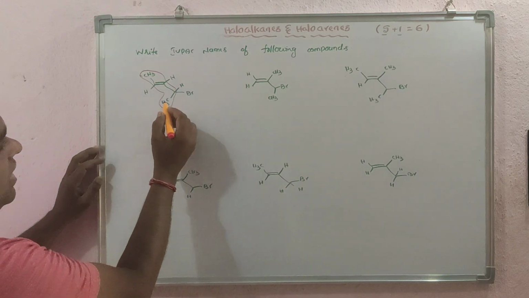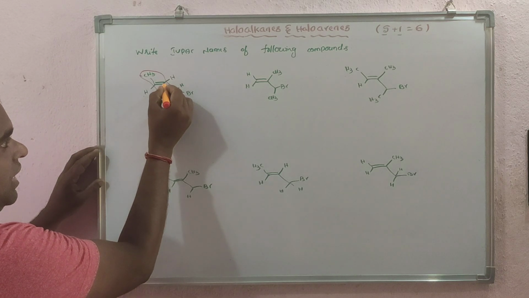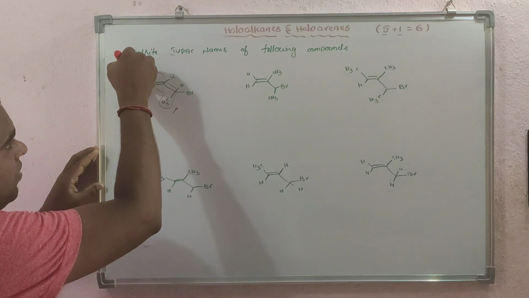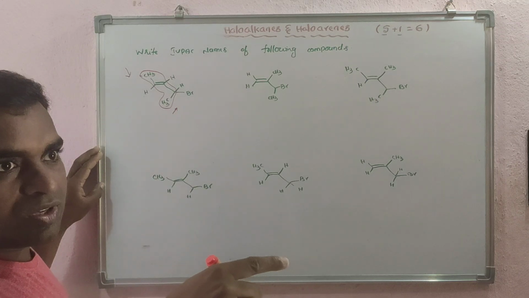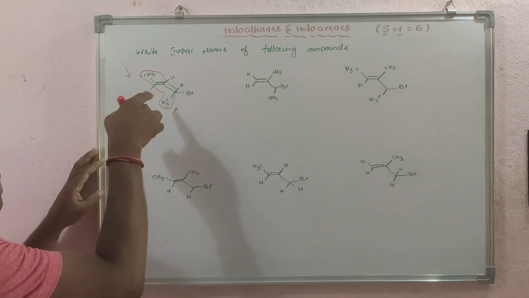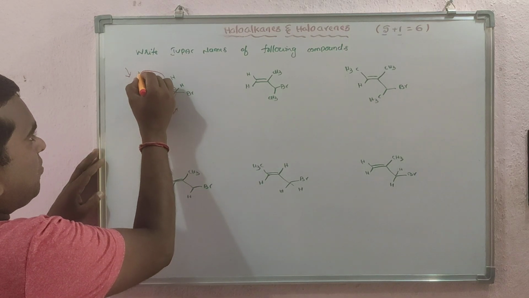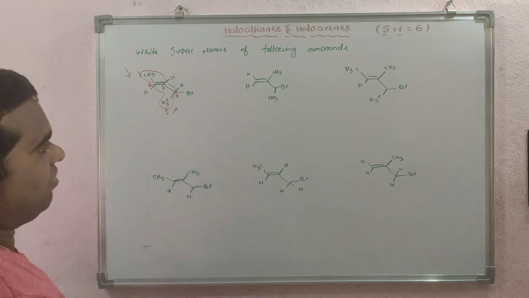If I start numbering from this side, 1, 2, 3, the double bonded carbon is getting 3. But if I start giving the numbering from this side, 1, 2, the double bonded carbon is getting 2. So that's why you have to give the double bond more priority. So you have to start numbering from here. 1, 2, 3, and 4, and 5.